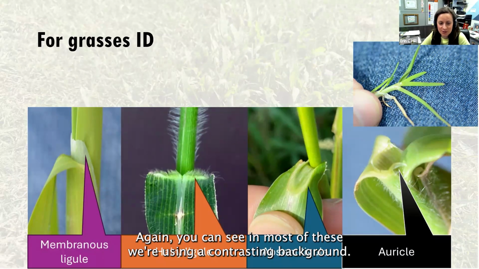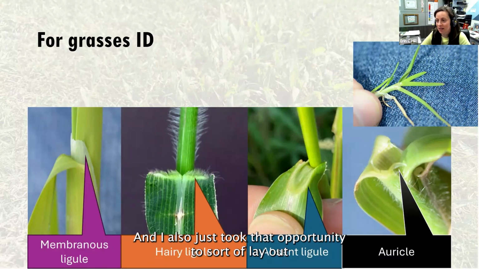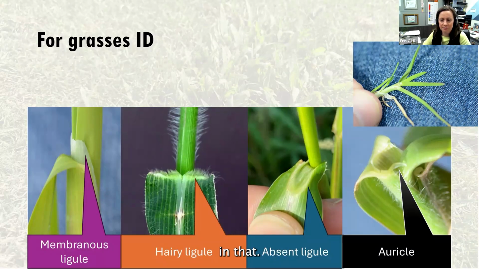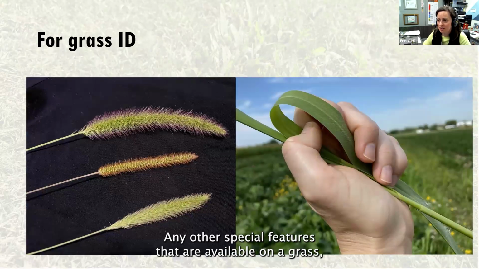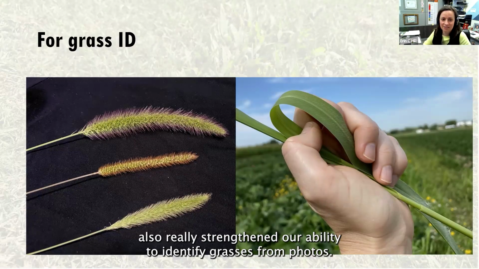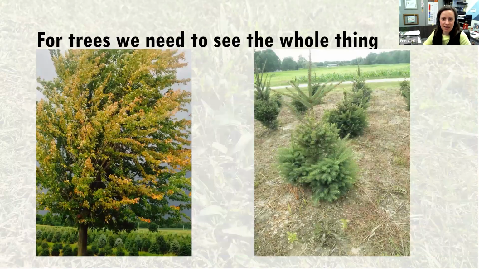Again, you can see in most of these we're using a contrasting background. And I also just took that opportunity to lay out the different types of ligules that we're looking for. Any other special features that are available on a grass, like hairs on the leaves, or if there is a seed head present, also really strengthen our ability to identify grasses from photos.